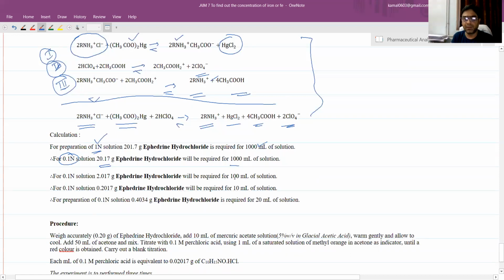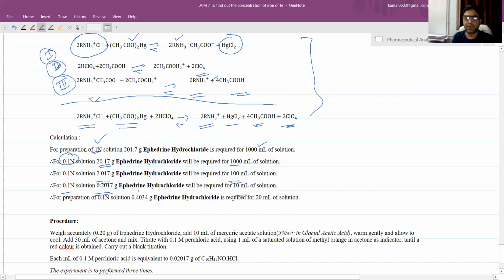When we convert it for 100 ml, it becomes 2.017. For 10 ml, it will be divided by 10, so it will be 0.2017 gram of ephedrine hydrochloride. For 20 ml, it will be 0.4034 gram.